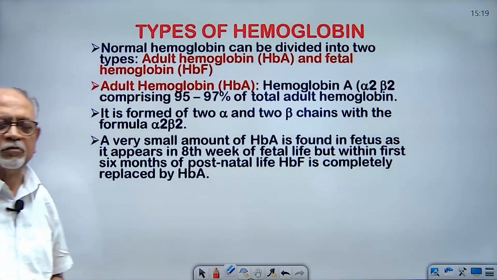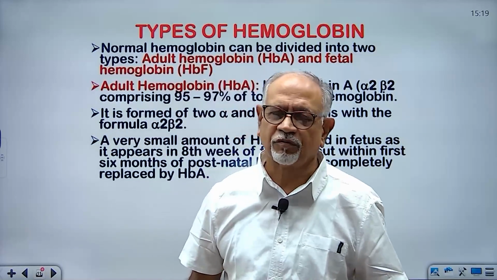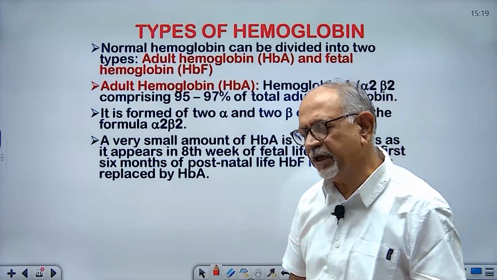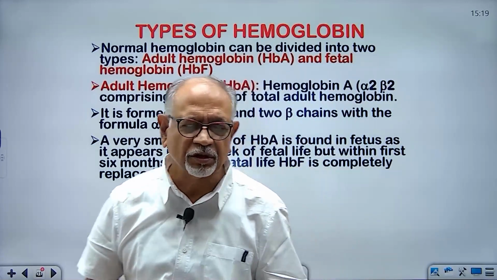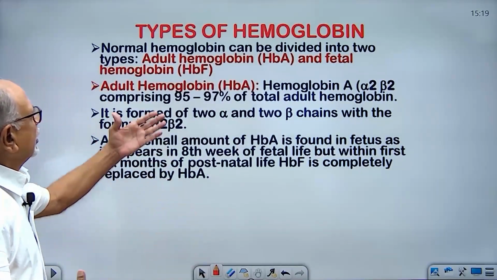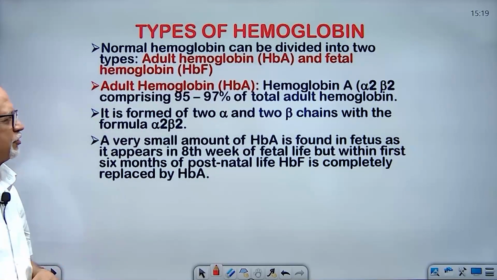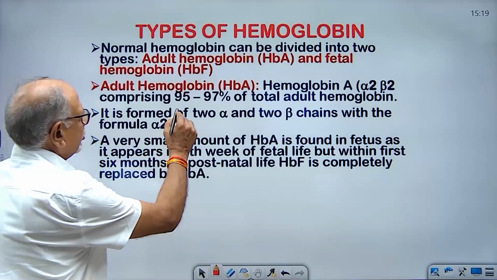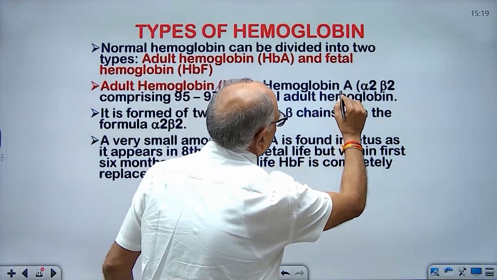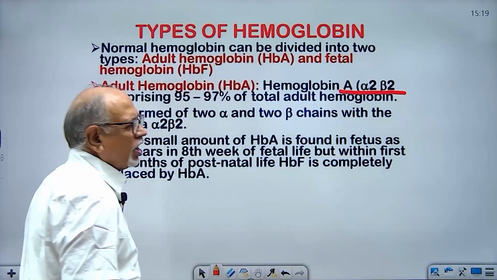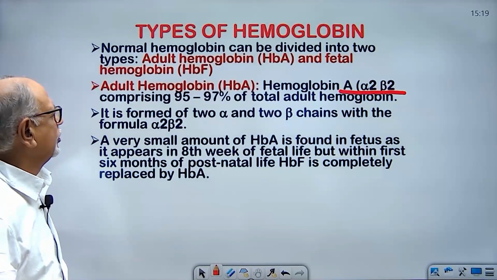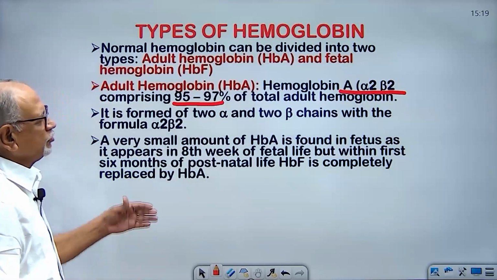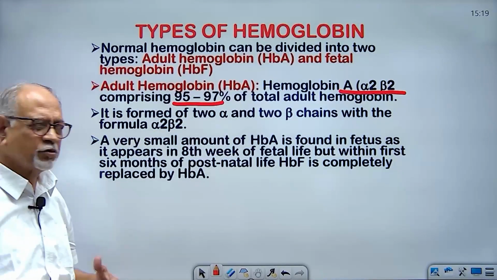Now, types of hemoglobin. Broadly, it is categorized into 2 types: hemoglobin A, that is found in the adult, and hemoglobin F, which is found in the fetus. In adult, the hemoglobin A, which is composed of 2 alpha chains and 2 beta chains, constitutes 95 to 97% of the total hemoglobin.